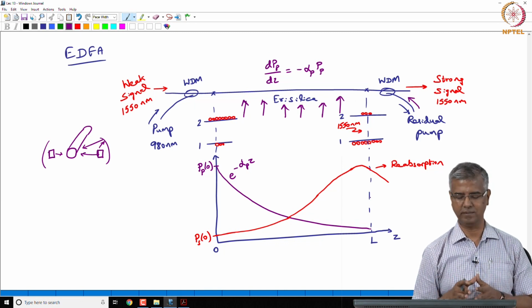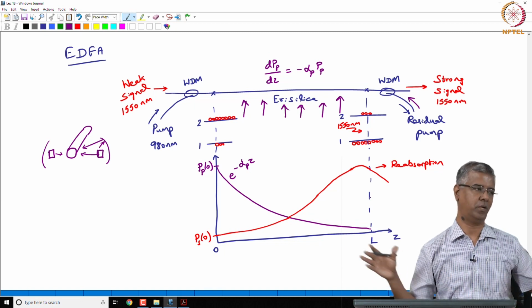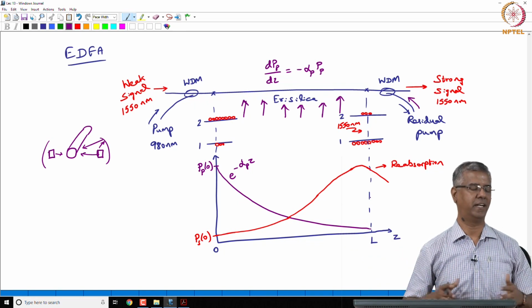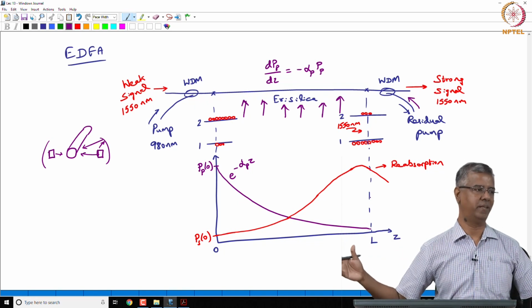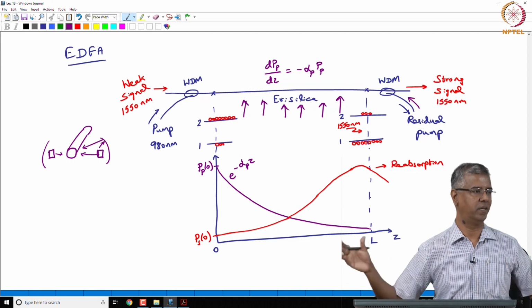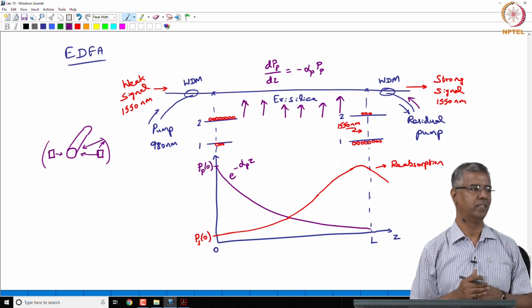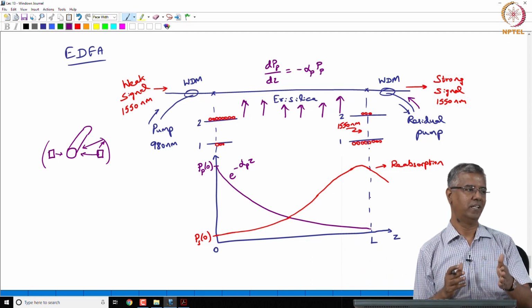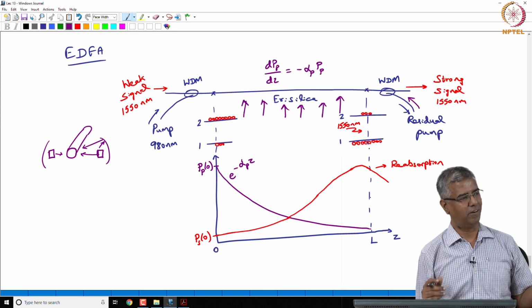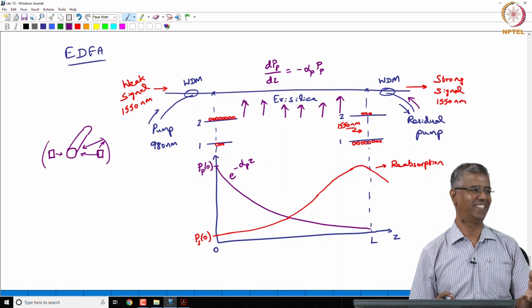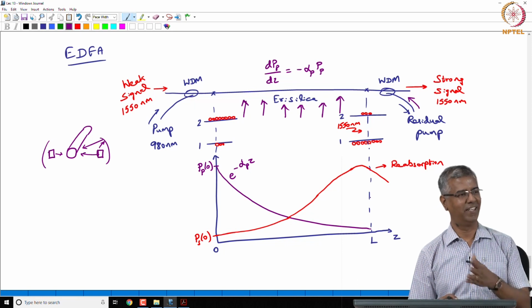So, once again, it doesn't mean that in the counter propagation direction you can make the length arbitrarily high, long fiber. You still have to cut off the fiber so that the already weak photons don't get lost in that absorption.